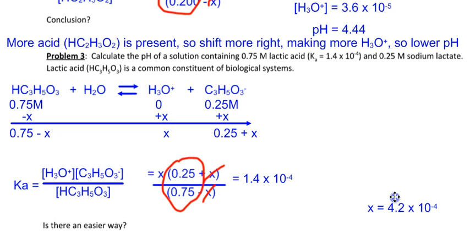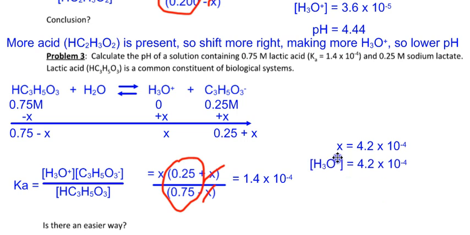So x is equal to 4.2. How did I do that? I multiplied this side by 3. And so that x is your hydronium concentration. Again, I told you to go back and look at that. And so, wait a minute, let's check this out. What's 5% of my initial value? It is 0.0375. And hey, what do you notice? That is much bigger than 4.2. So we are good to go.